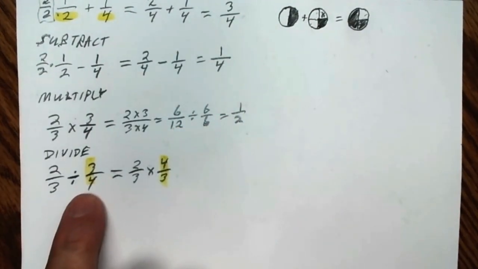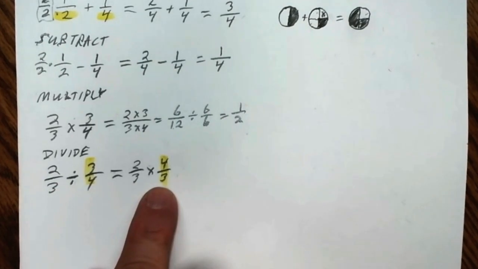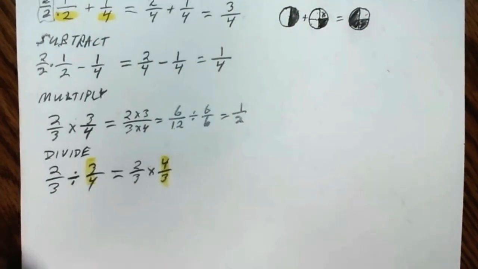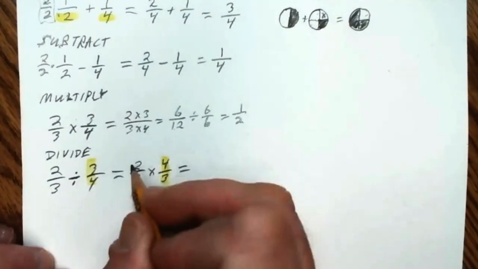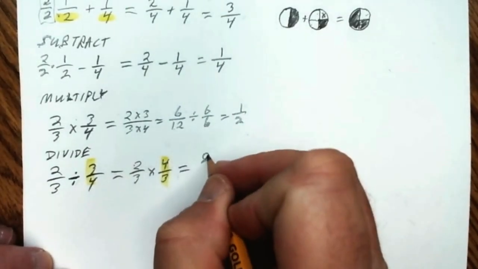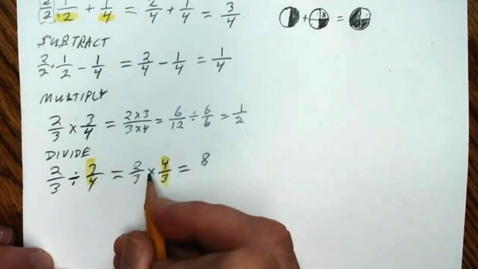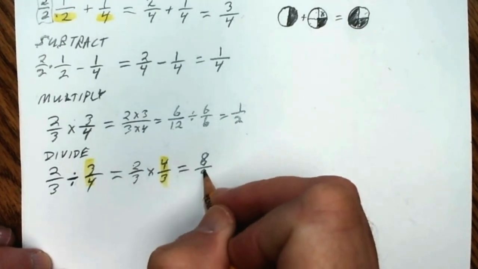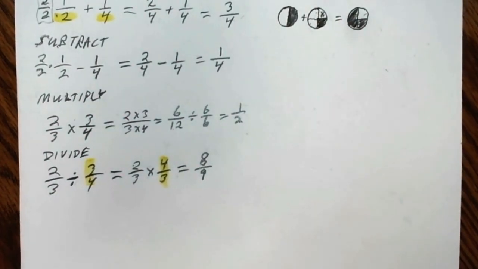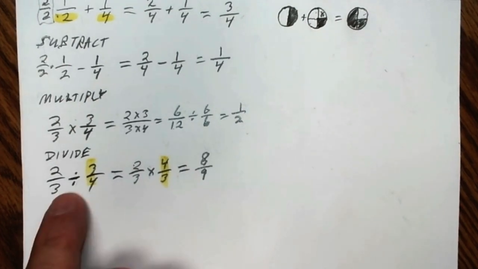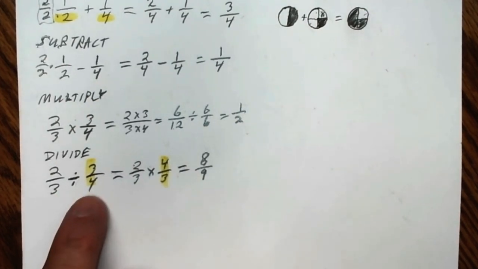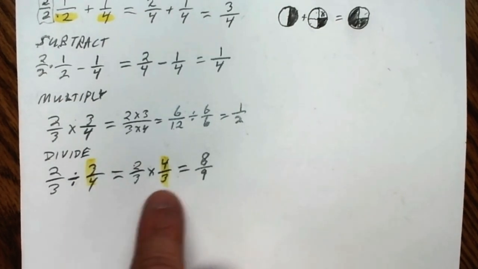See our 3/4 turned over to be a 4/3. So we changed it from division to multiplication. So now this is 2 times 4, which is 8. And 3 times 3, which is 9. 8/9. So to divide fractions, you take the reciprocal of this, turn it upside down, make it 4/3, and that's it.